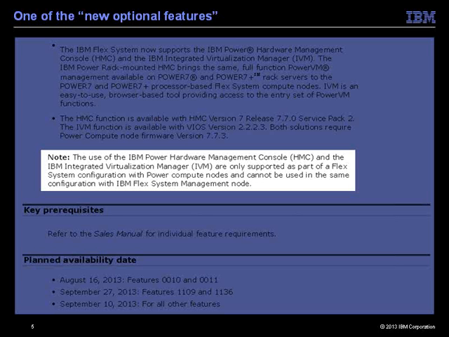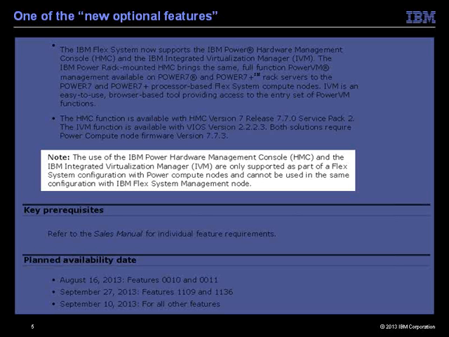It talks about how we can HMC and IVM manage, and really it's kind of one or the other. I guess you could potentially do both on different nodes. And it talks about a Flex System configuration with Power compute nodes that cannot be used in the same configuration with IBM Flex System Manager. So that last part of the sentence is a little bit confusing, because it doesn't mean that it has to be all Power compute nodes.